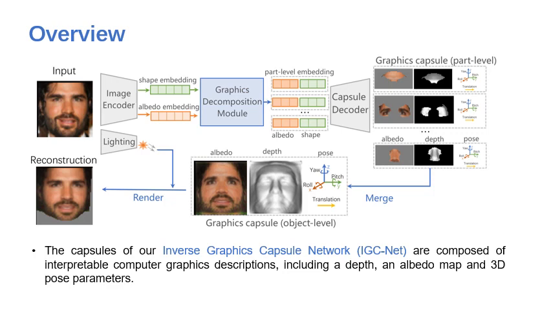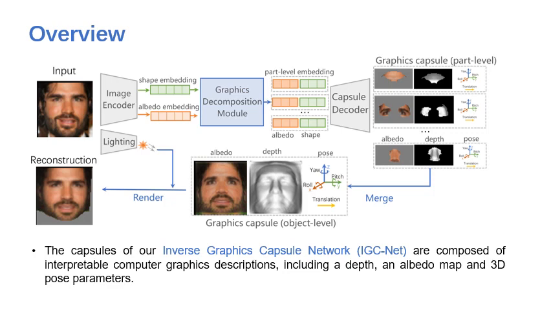Thus, we propose an inverse graphics capsule network, IGCNet, whose primitive is a new type of capsule, the graphics capsule, that is defined by computer graphics to learn hierarchical 3D representations from large-scale unlabeled images, as shown in the figure.